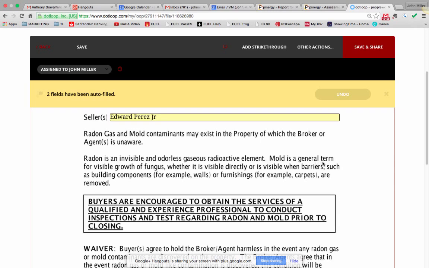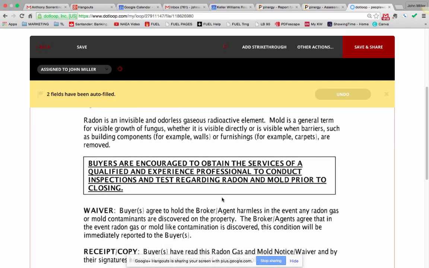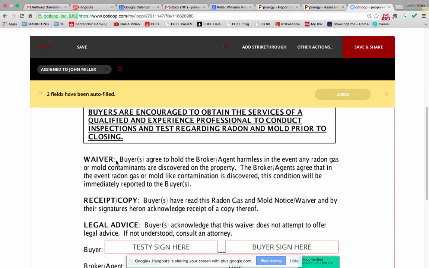Mold is a general term for visible growth of fungus, whether it is visible directly or visible when barriers, such as building components, for example, walls or furnishings, for example, carpets, are removed. Buyers are encouraged to obtain the services of a qualified and experienced professional to conduct inspections and tests regarding radon and mold prior to closing.